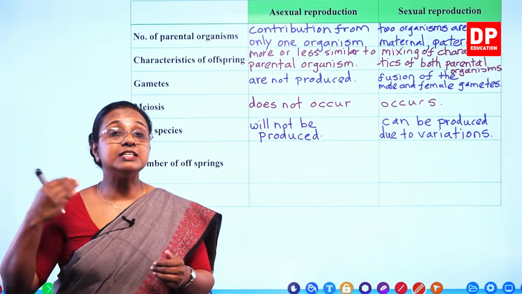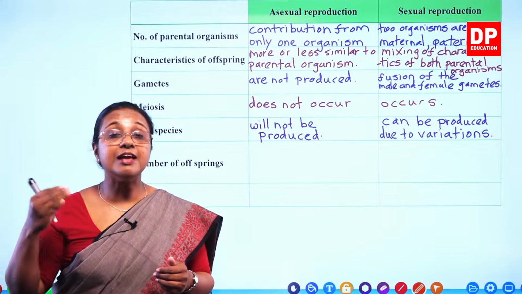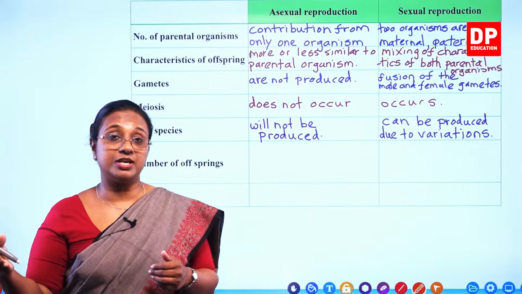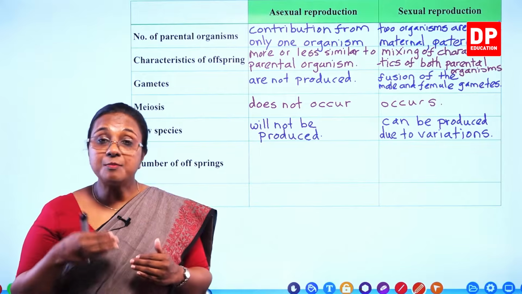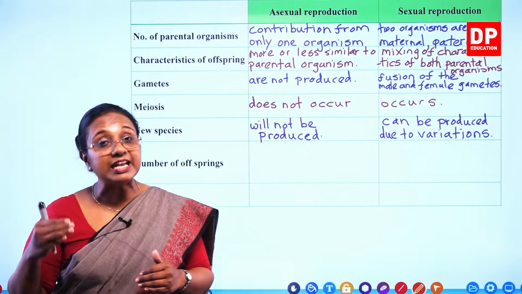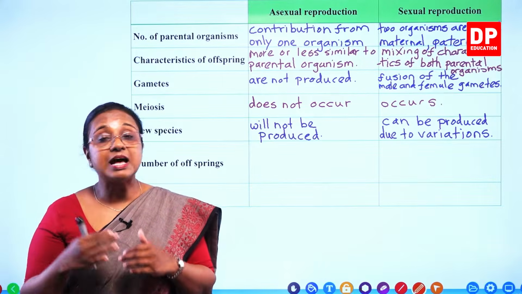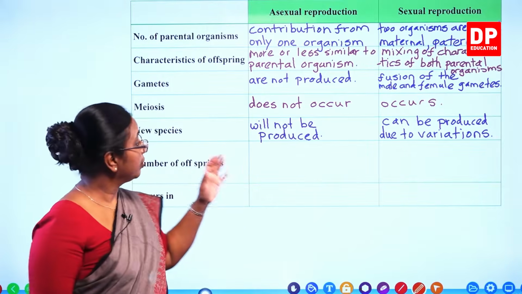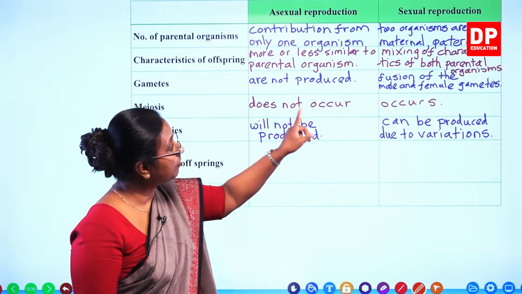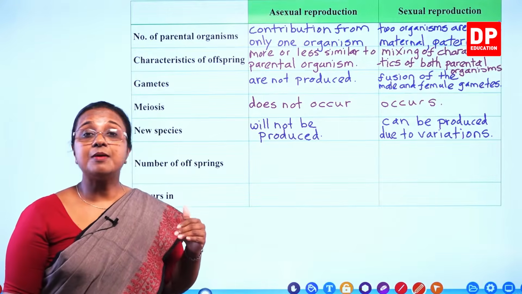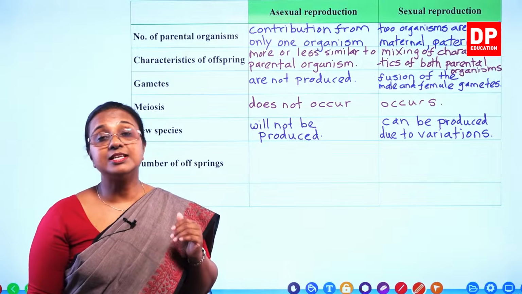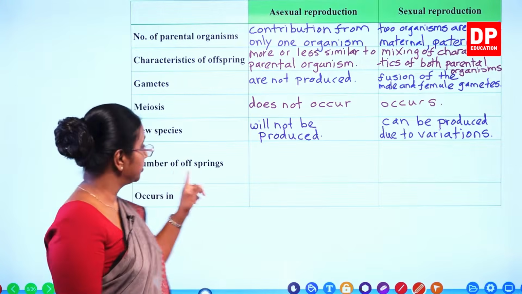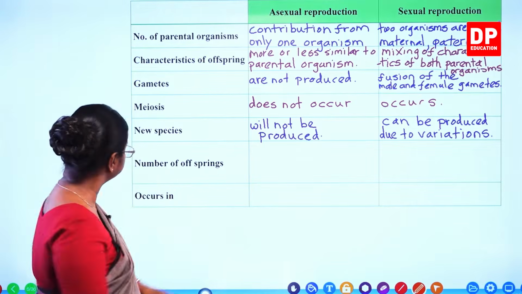But in sexual reproduction in evolutionarily advanced organisms like man or other animals, the number of offspring produced at a given time is somewhat limited. So it takes a longer time, or we can say fewer offspring are produced during a certain period of time. So, that is a difference.